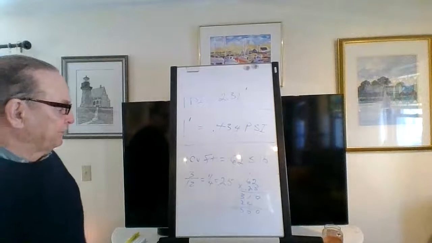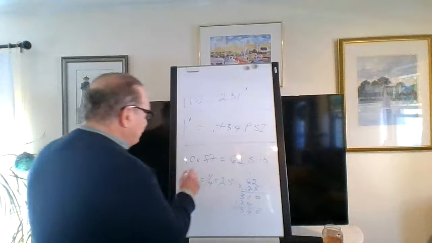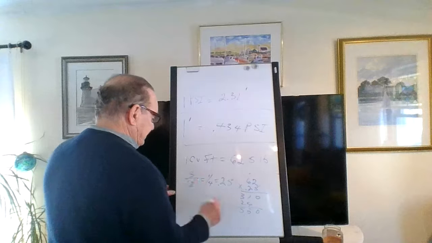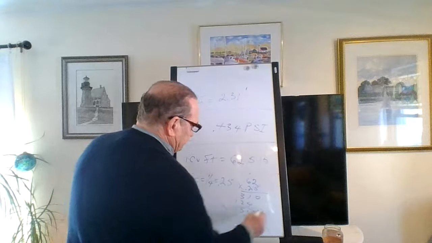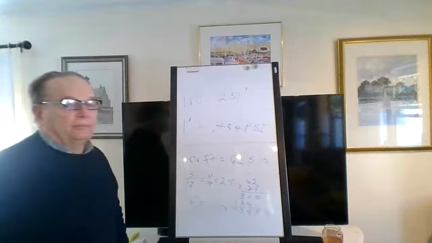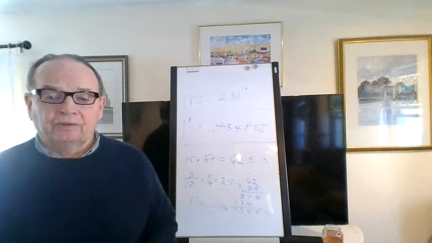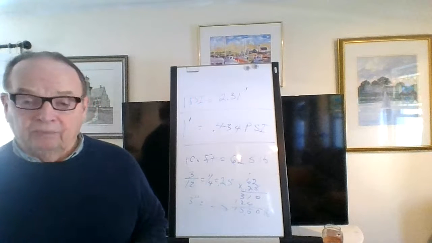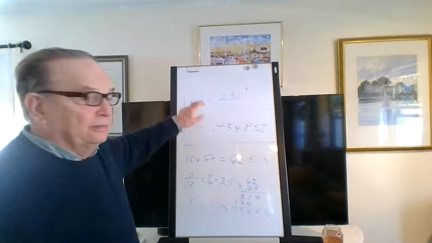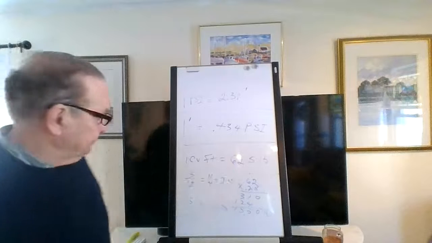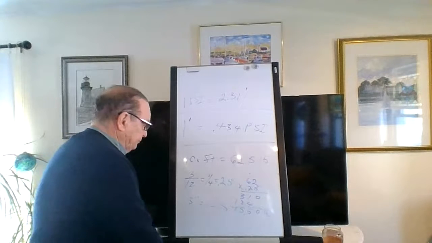So if you have the water 3 inches deep, here you go. I don't know if you'd see a problem like that on the math test. You might, but just be ready for it. Again, if you know how to do these two, you can figure this part out.